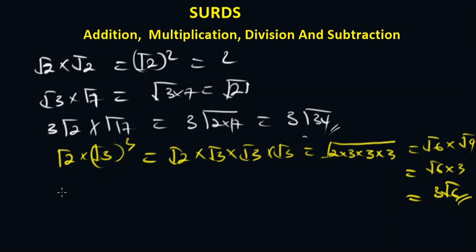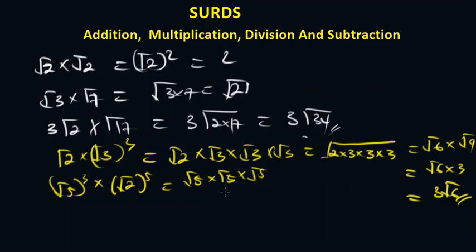You can have something like root 5 into bracket 3 times root 2 into bracket 5. Okay, so to express it in simple terms, we'll have root 5 times root 5 times root 5 times root 5, and we can simplify this one.